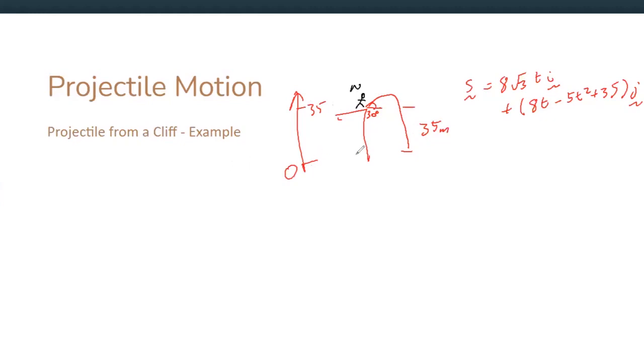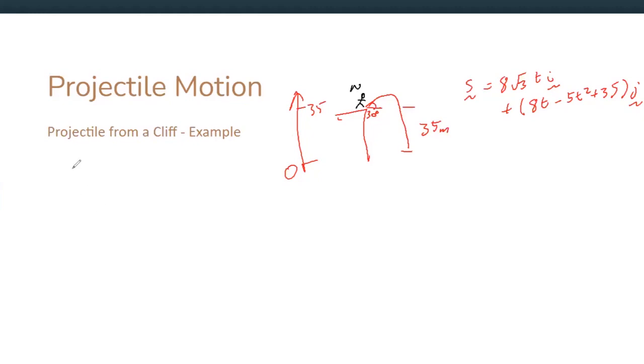So that means that we want to find the t when the j component of our displacement is 0. And that's essentially how you find time of flight. So when you want to find time of flight, you want to let the vertical component of your displacement be 0, and then you rearrange and solve for time. Now you should always get 2 times in these examples, because the projectile motion is parabolic, so you expect to get 2 times. Let's go through that.